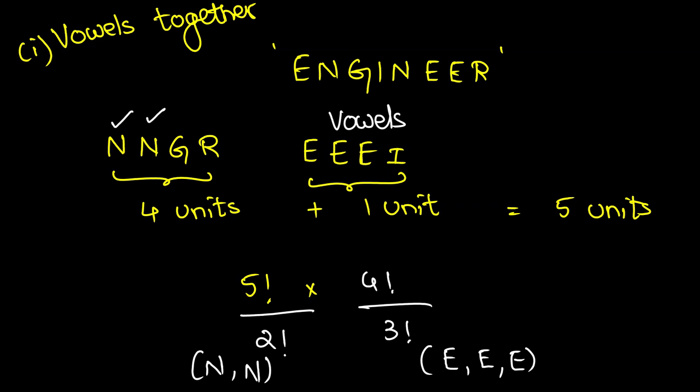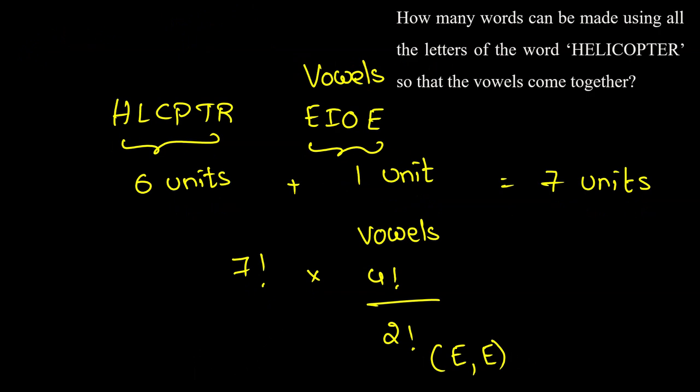Whereas in the previous question, consonants together means, in this question, consonants together, your answer will change. Let me know, consonants together, what should be your answer here? Is it 7 factorial?